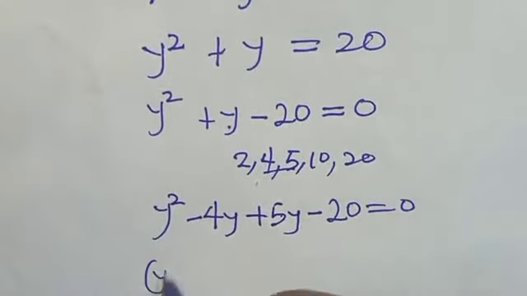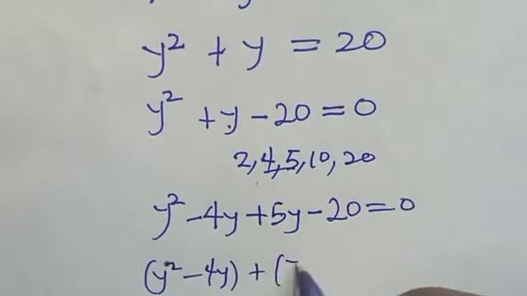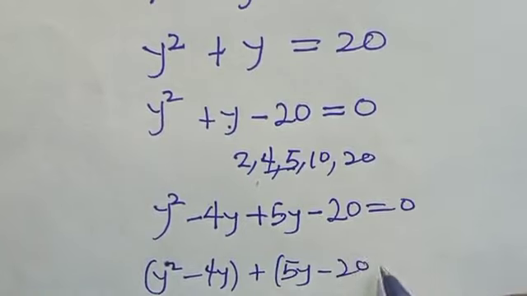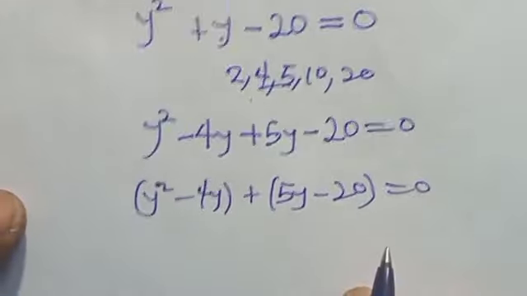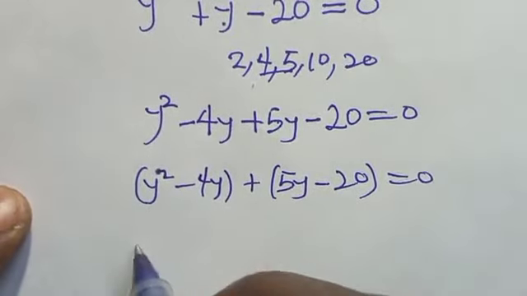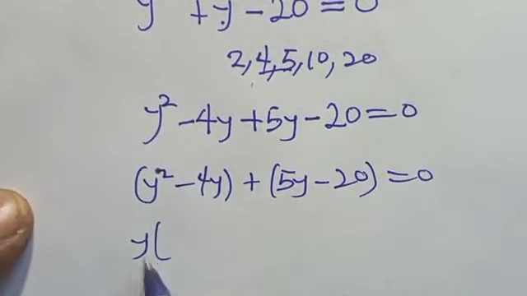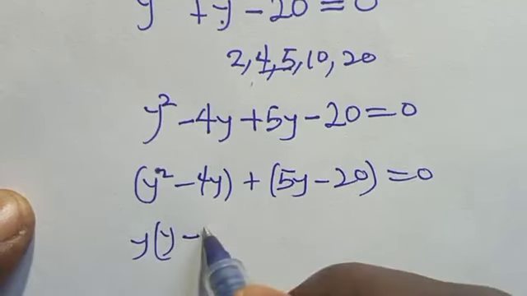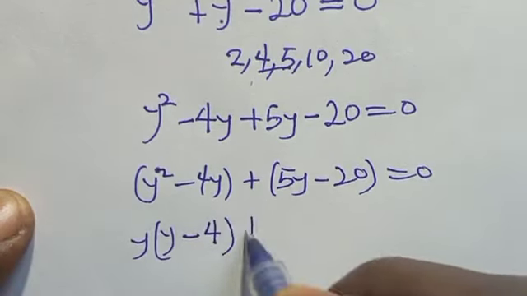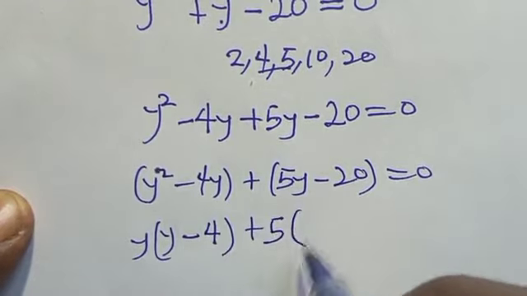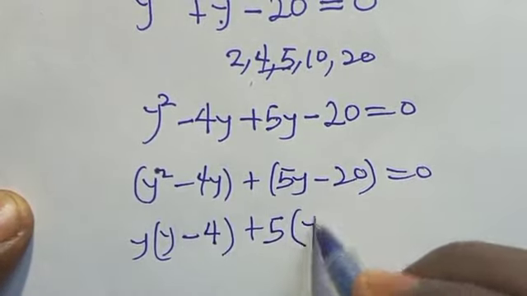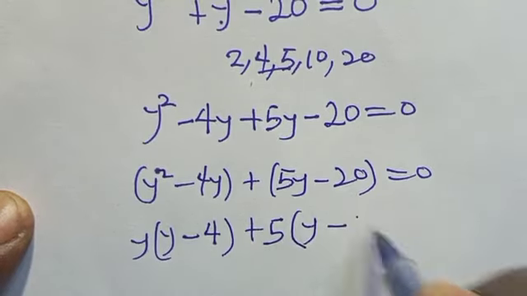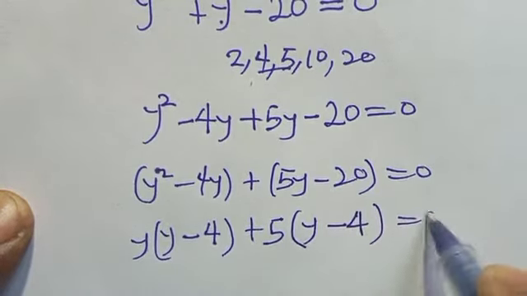So if we write y squared minus 4y plus 5y minus 20 equals 0, here we can factor out successfully. What is common here is y. y squared divided by y will be left with y, minus 4y divided by y will be 4, plus what is common here, 5. 5y divided by y gives us y, minus 20 divided by 5 gives us 4.